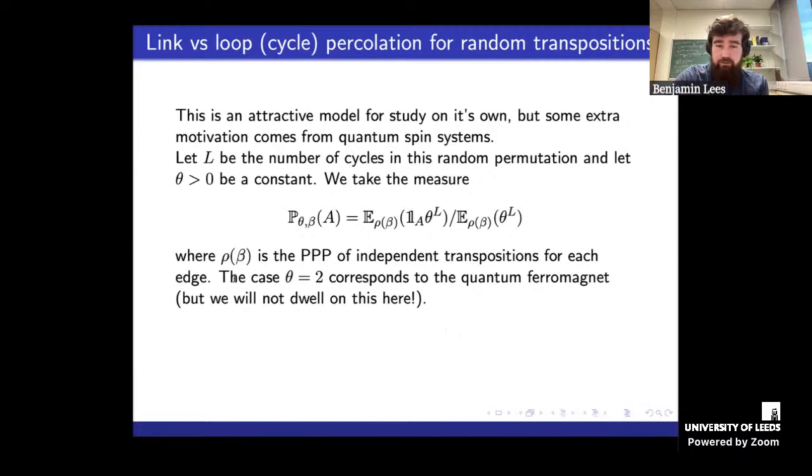So, okay, and the "in a minute" has come around already. For theta equals 2, this corresponds to the quantum ferromagnet in the sense that the partition function, or the normalizing constant here, is the partition function of the quantum ferromagnet. And we can also get spin-spin correlations from the loop model. It's essentially the probability, up to a constant, that 2 points are in the same cycle, gives a spin-spin correlation.